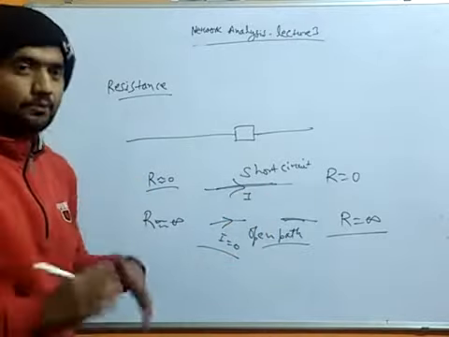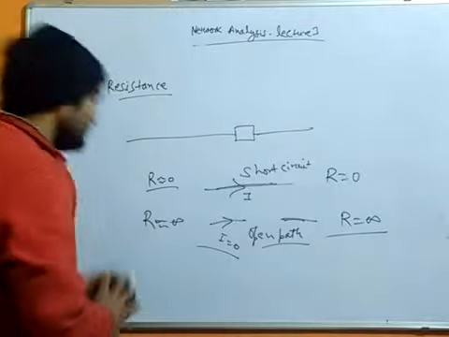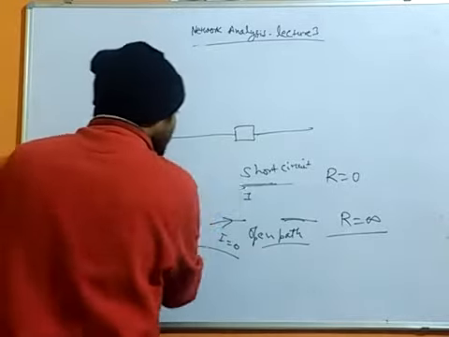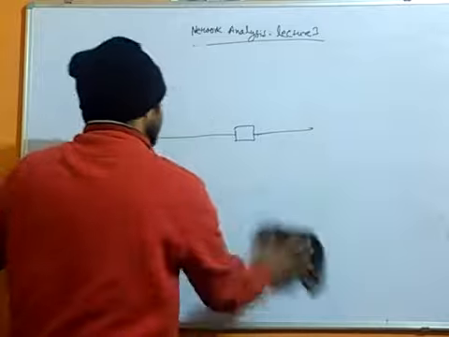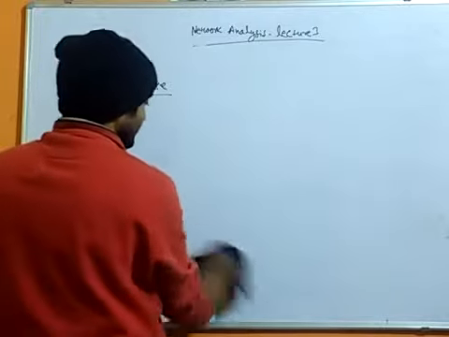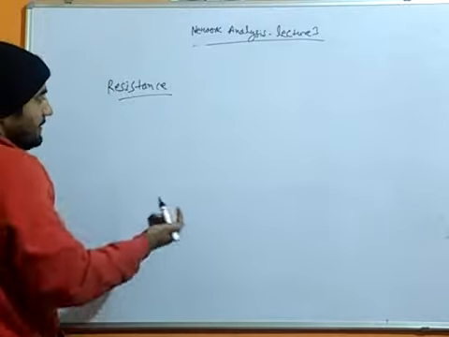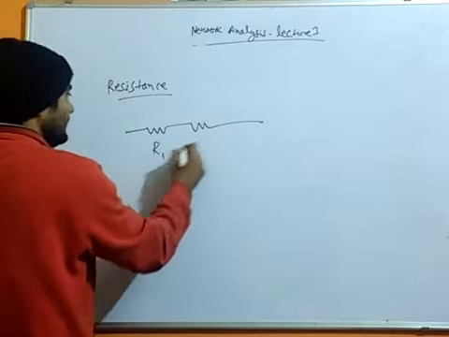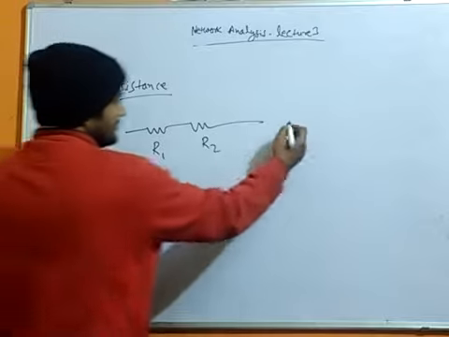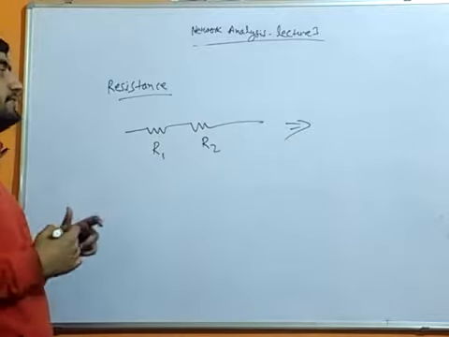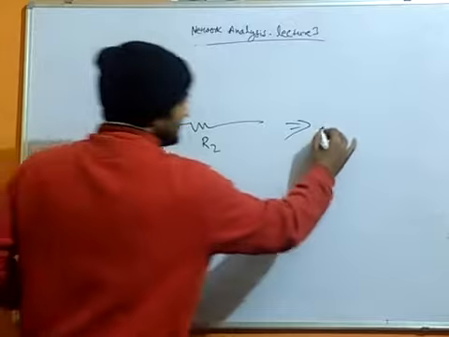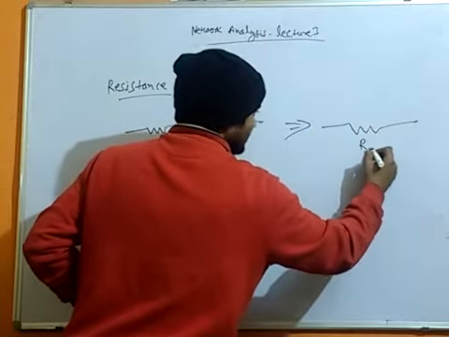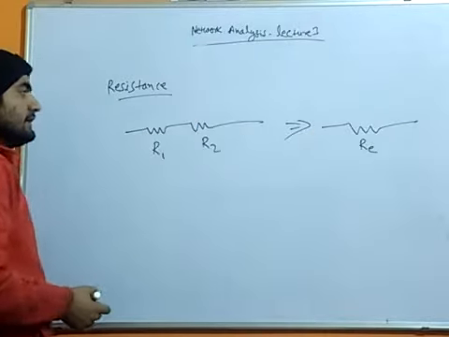Now come to the next point, related to the connection of resistances. The connection can be in two ways: a series connection and a parallel connection. If there is a series connection, let's take an example. This is R1, this is R2. So overall, what will be the equivalent resistance?